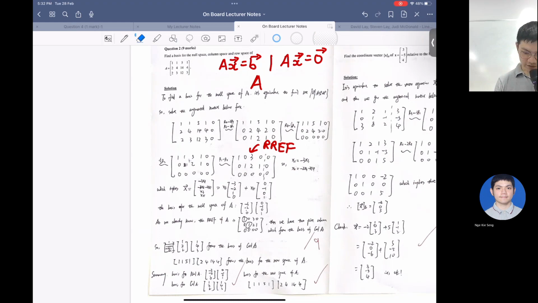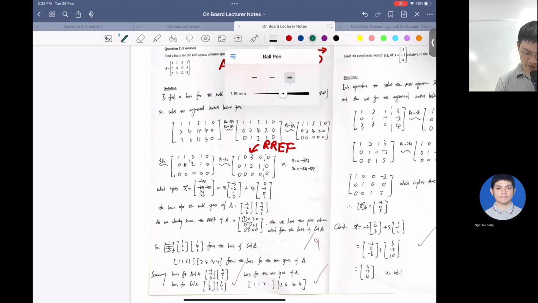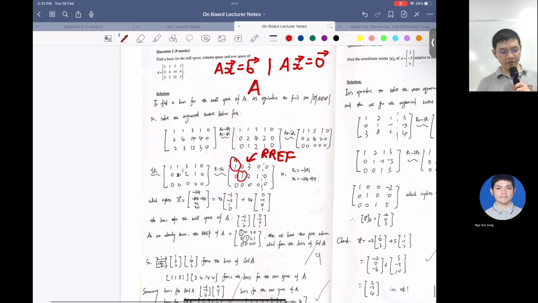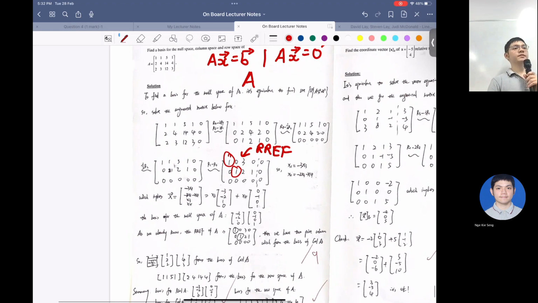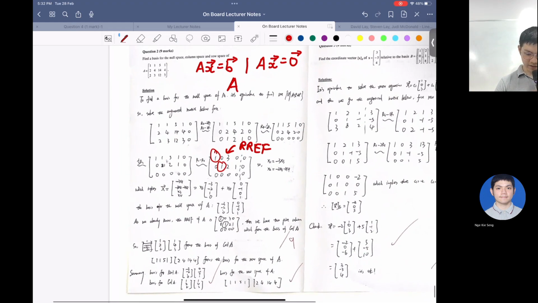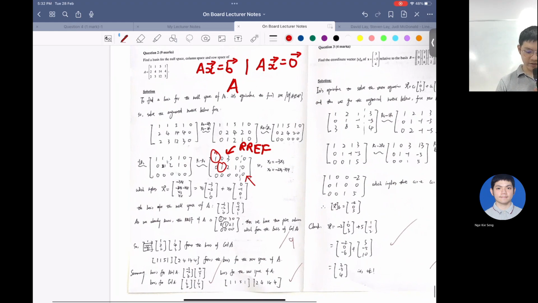So you can see that there are two of them here. Okay, so let's say first I want to solve for the null space. On the right hand side, you replace with a zero vector.